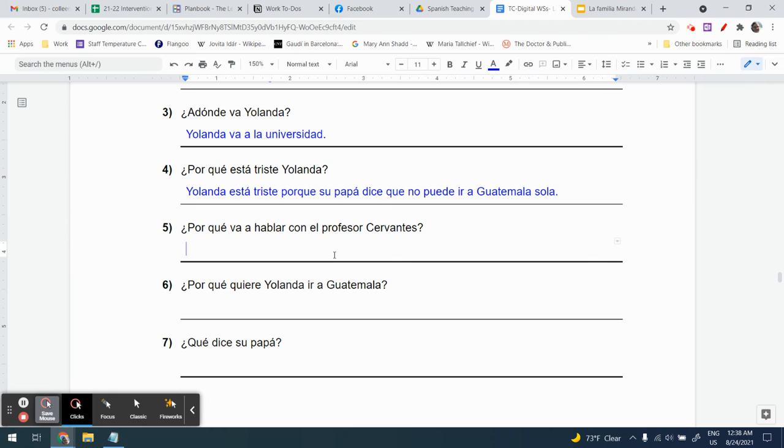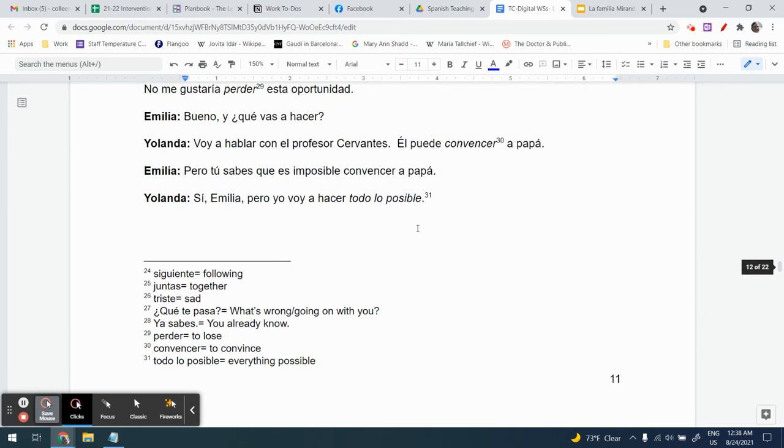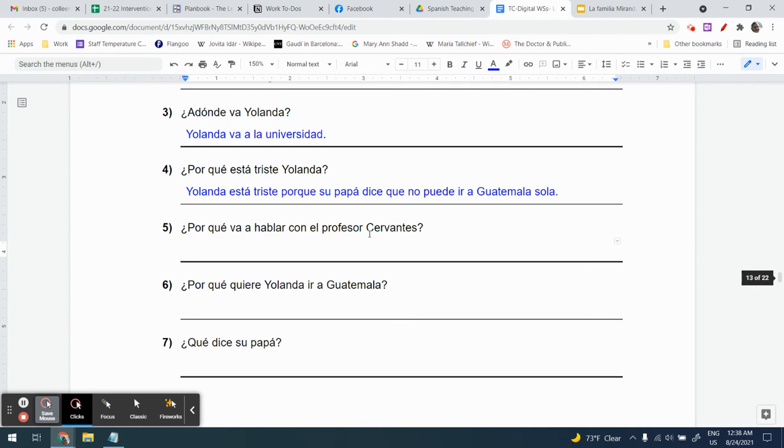¿Por qué va a hablar con el profesor Cervantes? Why is she, we're still talking about Yolanda, going to talk with Professor Cervantes? Well, if we go back up here, she thinks he can convince her dad. Él puede convencer papá. So we're going to say, va a hablar con el profesor.